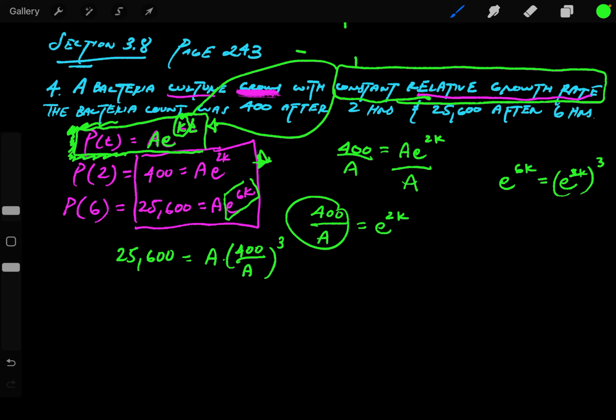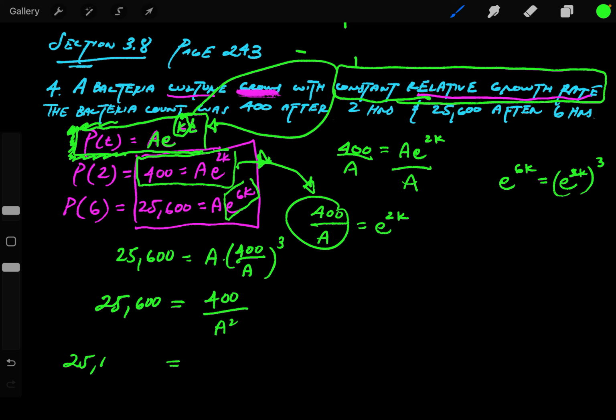And that's going to allow me to solve for a. Using this equation, I can solve for e to the 2k, and that gives me 400 over a squared is equal to 25,600. Then I multiply by a squared to get the original amount.